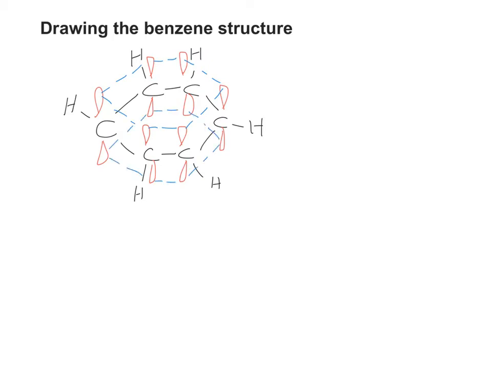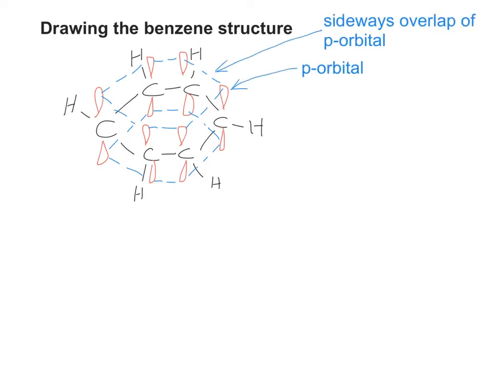So you need to also make sure that you're labelling this correctly, like that. So you label the p orbital and you label the sideways overlap of the p orbital, so it's clear to the examiner exactly what part of the diagram you mean as the orbitals and exactly what part of the diagram you mean as the sideways overlap between them.